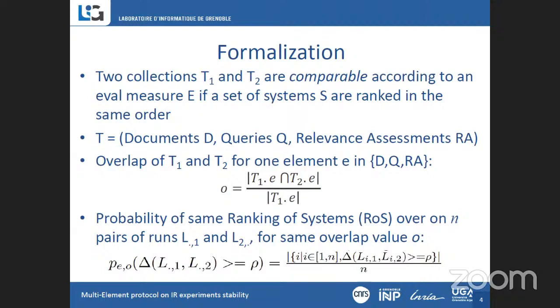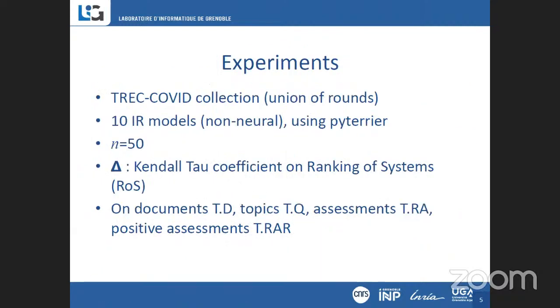To assess this, we do not do it on only one split for a given overlap. We do it on a given set of splits, which in our case is 50 splits. We test on the TREC-COVID collection. We use the union of the rounds of TREC-COVID because it is provided as a set of rounds.